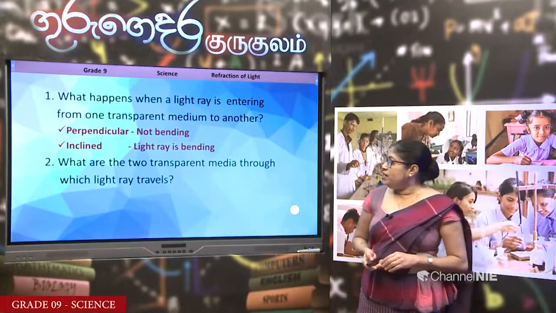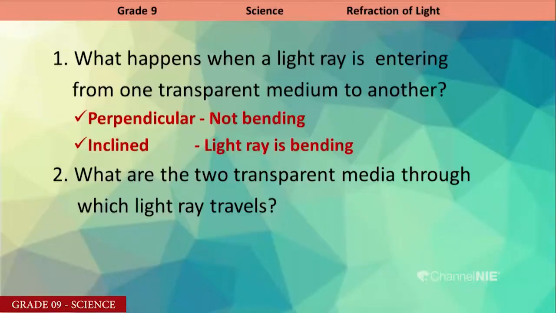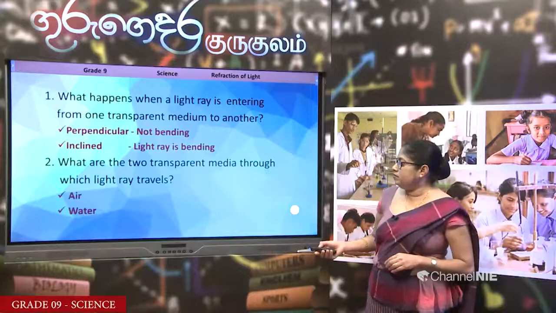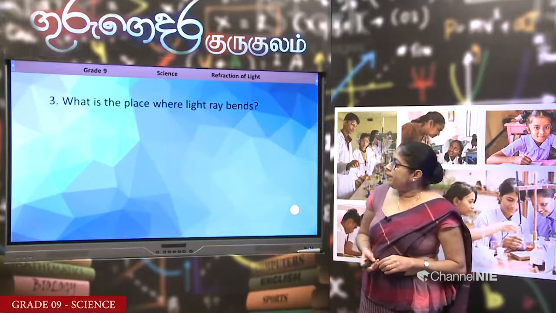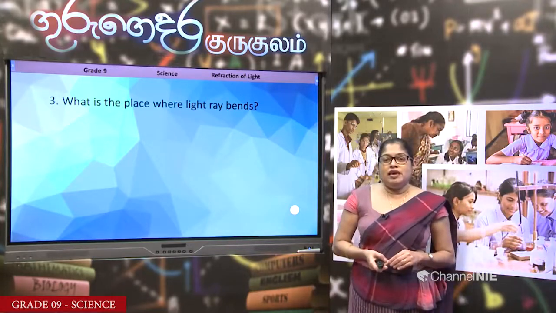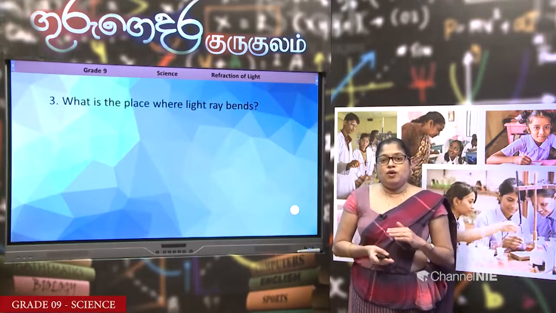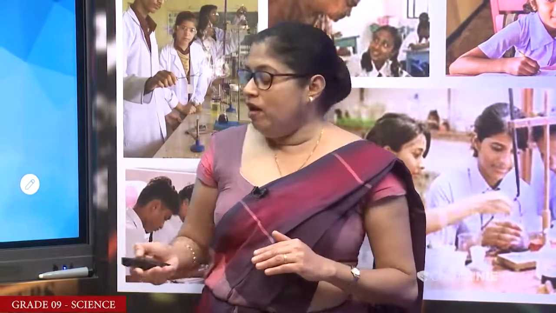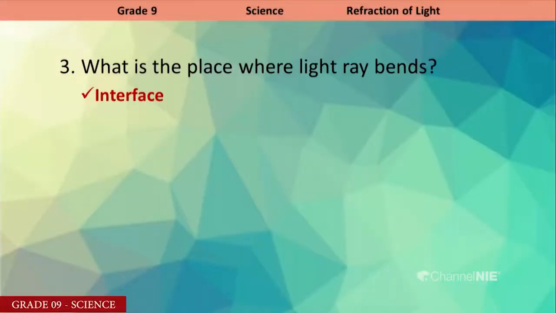What are the two transparent media through which light ray travels? Here in the previous activity, two transparent media we used is air and water. What is the place where light ray bends? It is the surface where the air and water is contacting. We call it interface.